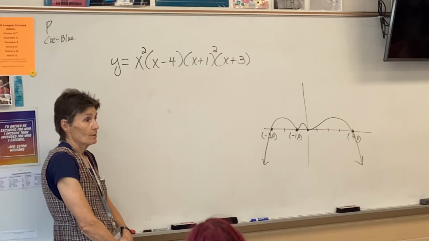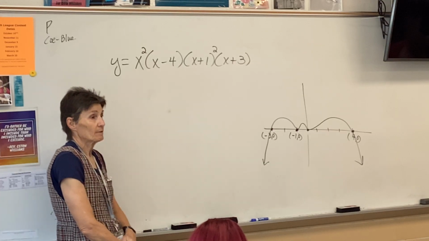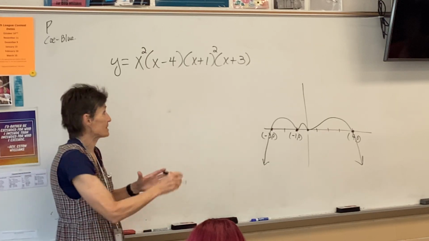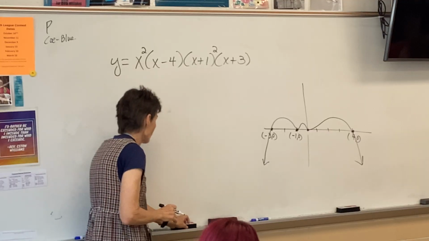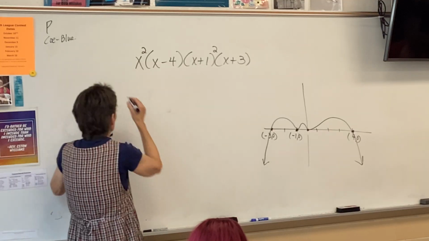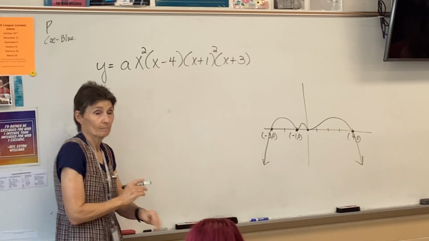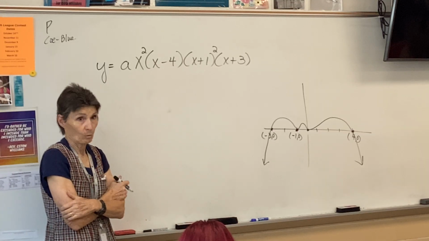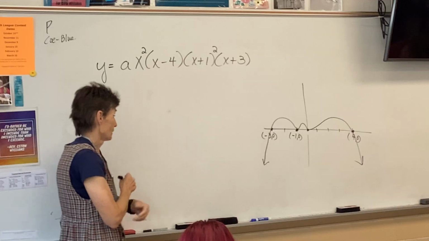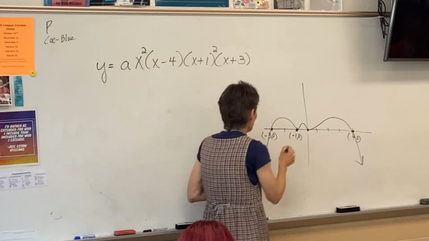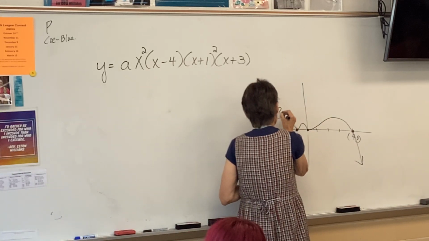Now, I erased it, but the only thing that's missing is that thing out in front that was a -2 in the last problem. I don't know what it is. I'm gonna give you a random point here.